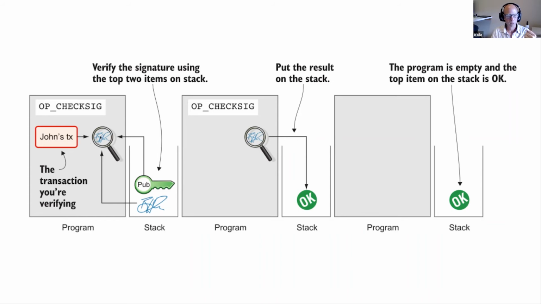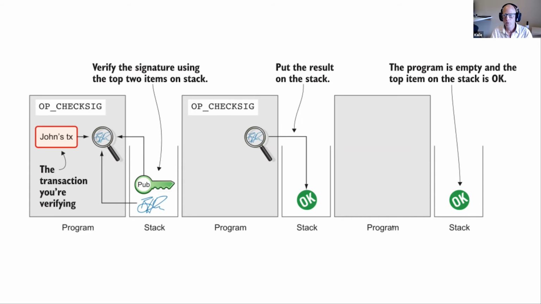And as input, it will use the transaction. And the transaction itself is not on the stack, but it's in the context of this checksig operator. So it will use these 3 inputs here to verify, and it will put the result back. In this case, the result is okay, true. So it will put okay back.